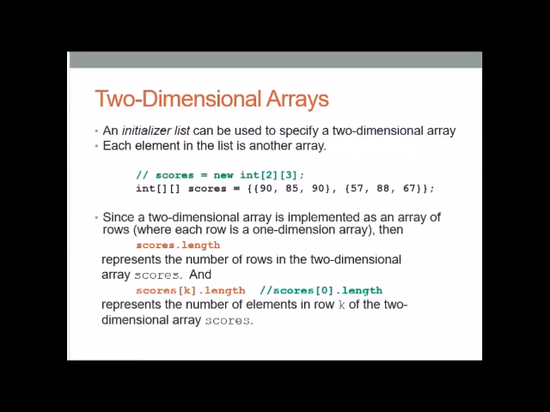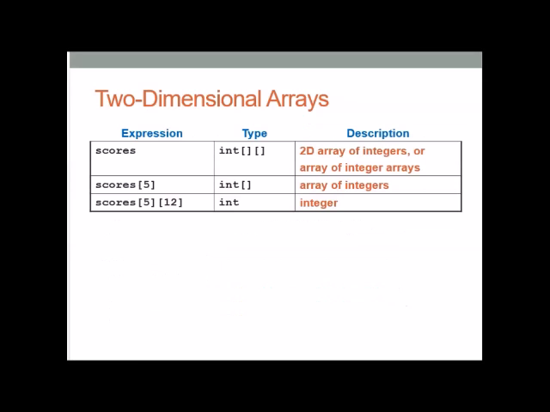So two-dimensional arrays can be initialized using int[][] scores equals. We can just list out the elements. So we don't have to specifically initialize it by just saying how big it's going to be.